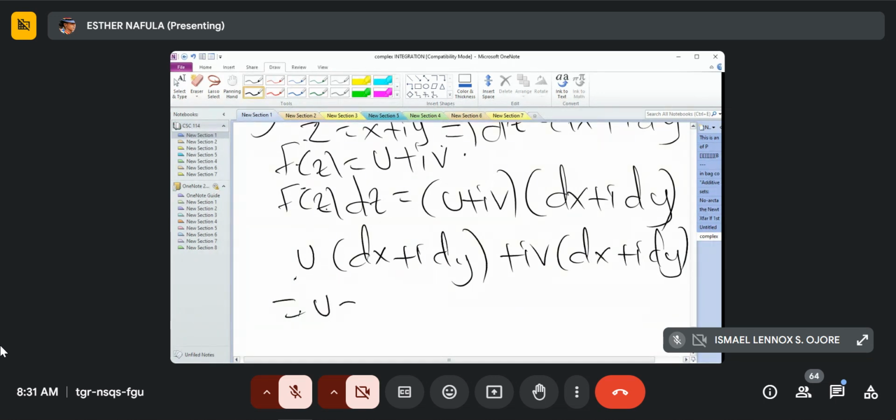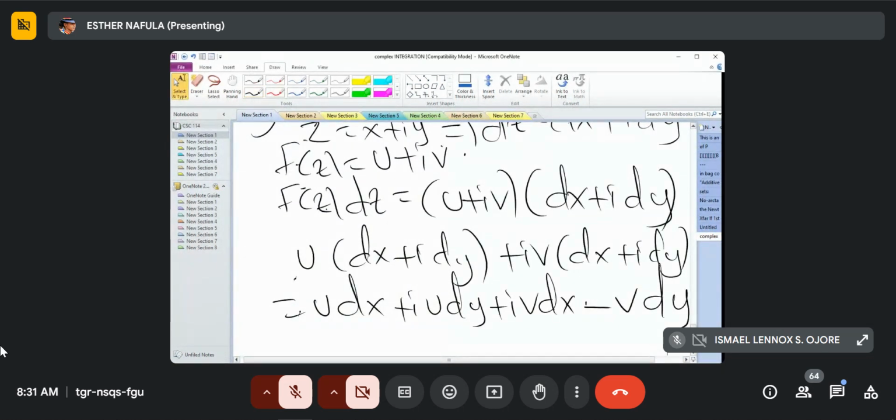This is u dx plus iu dy plus iv dx plus I squared v dy, but we have the property I squared is -1, so we have a minus v dy.